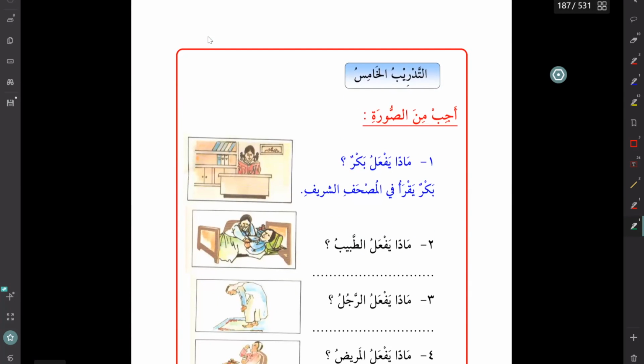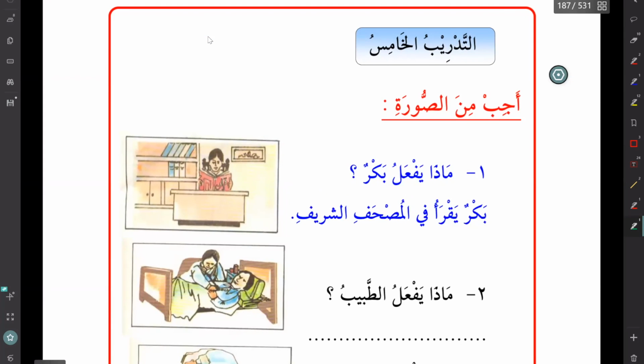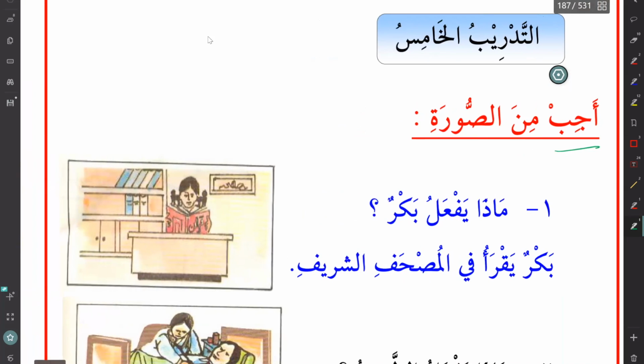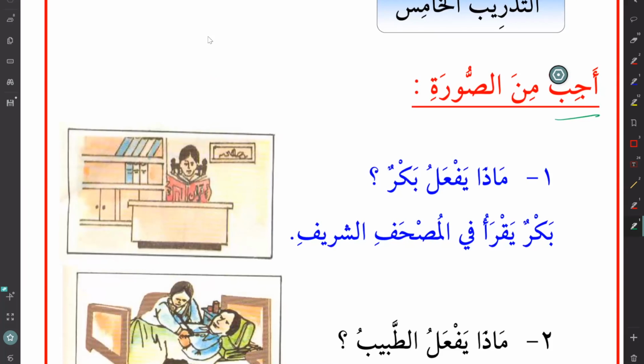And we have at Tadrib al Khamis, the fifth exercise. It says, Ajib mina surah. Ajib is to answer. Answer from the picture. Okay, so we have a picture. Let's see what is the question. ماذا يفعل بكر? Okay, here's Bakr. What is he doing? ماذا يفعل is what?